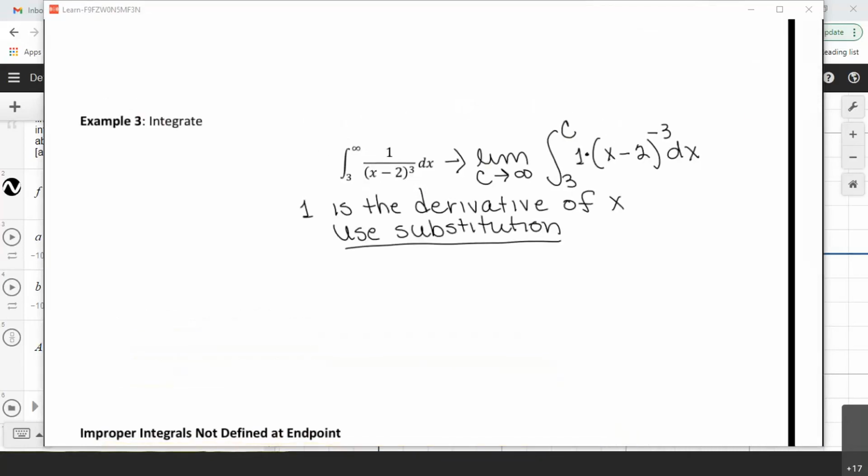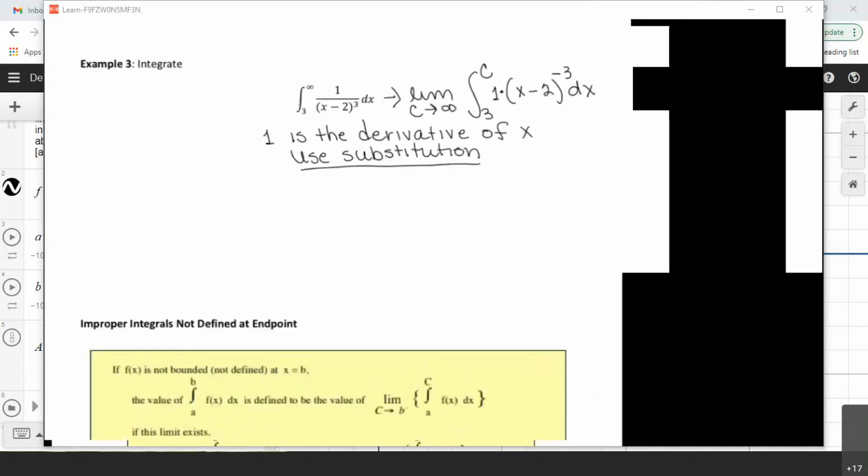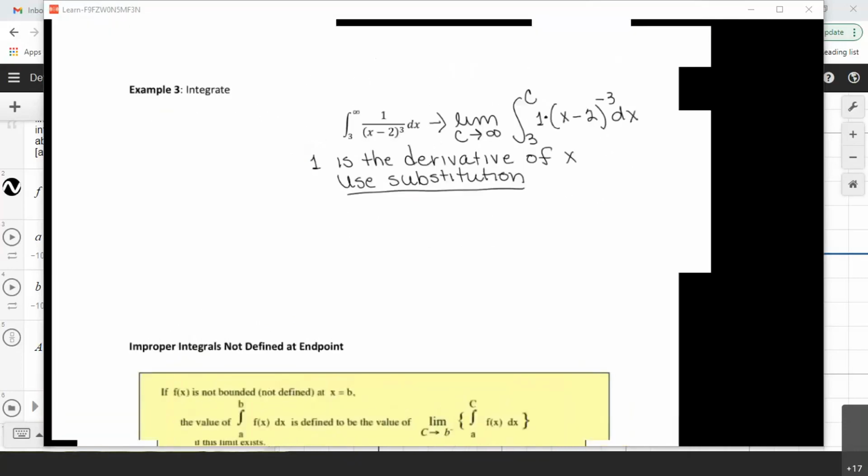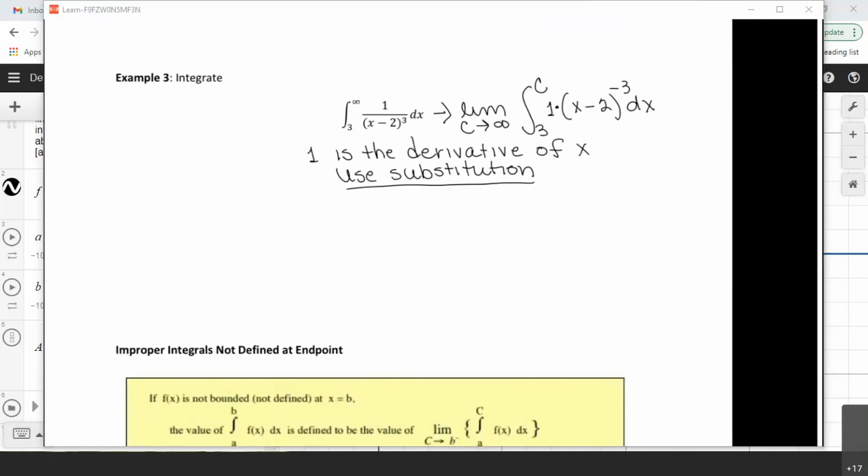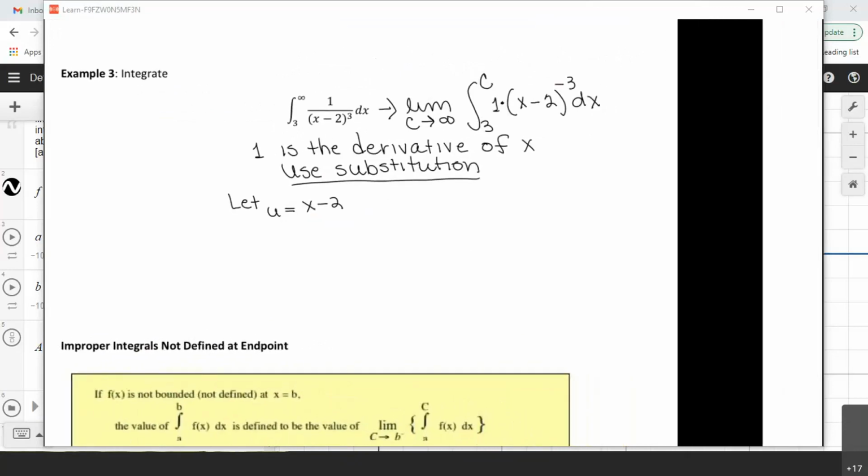Okay, all right, so let's, again, sorry about the tablet zooming in and out. Okay, so let's see what I can do. I'm going to say let u equal x minus 2. I'll start out with that. And then I have du over dx equaling 1.